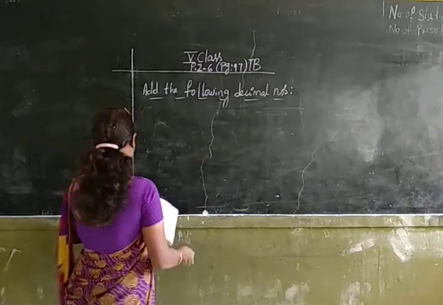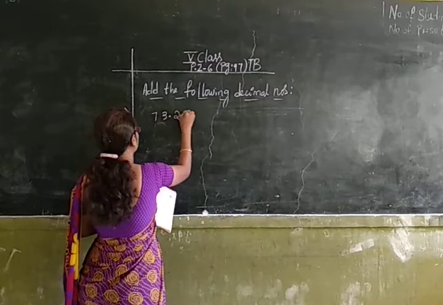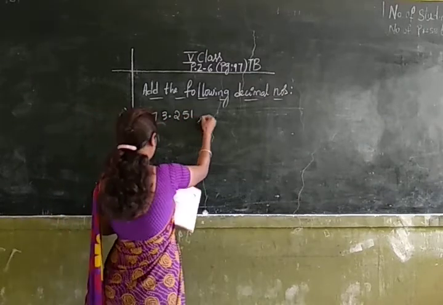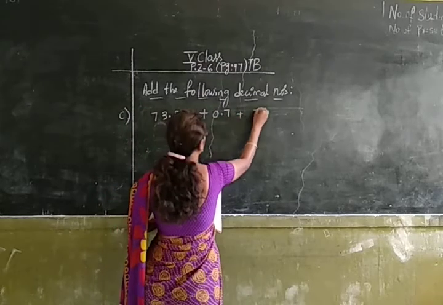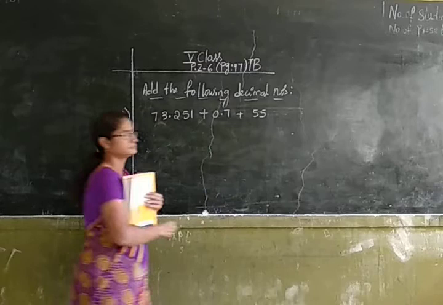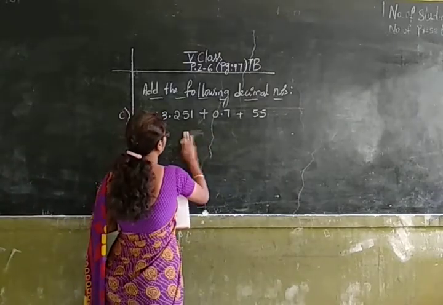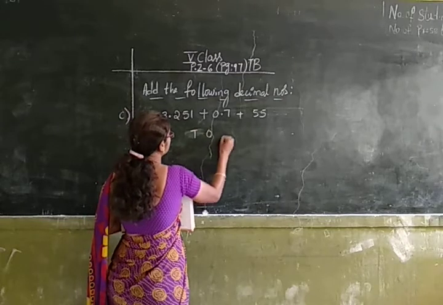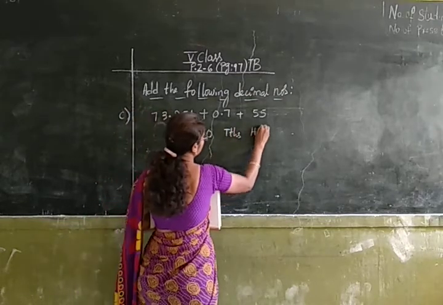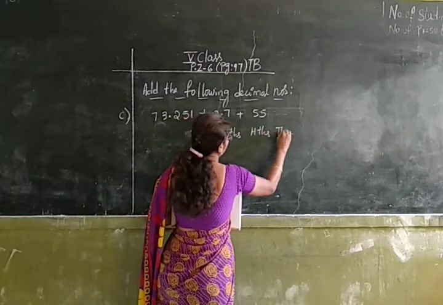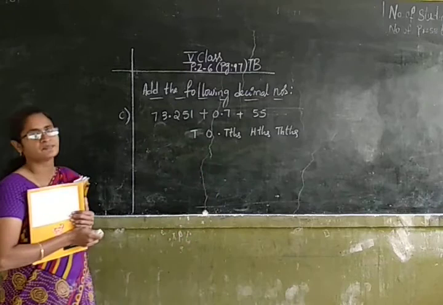You have to add the numbers 73.251 plus 0.7 plus 55. First let us write down the places: hundreds, tens, ones, tenths, hundredths, thousandths. After writing the places, arrange the numbers in columns.